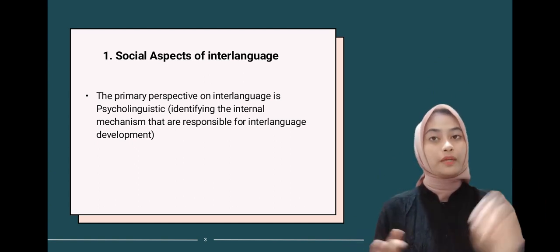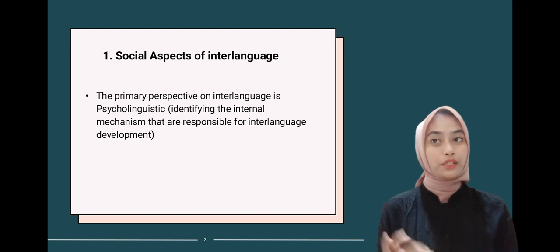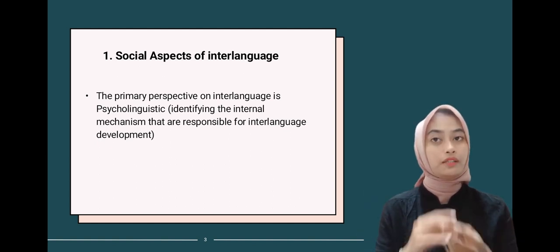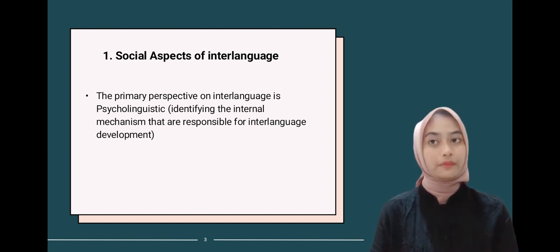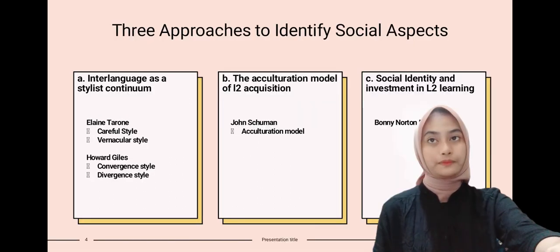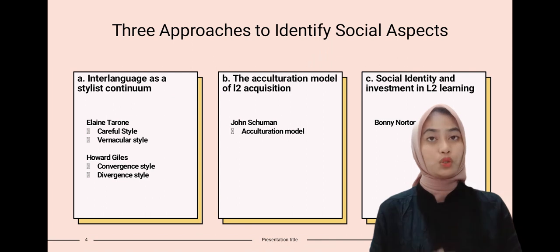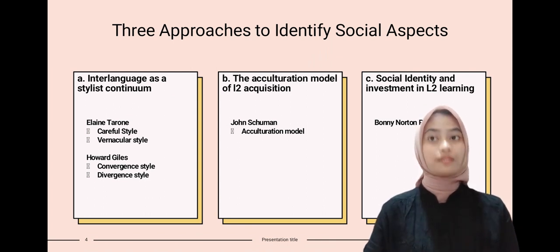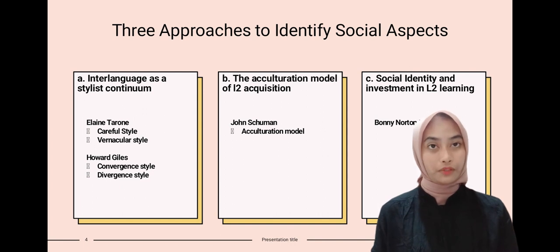The primary perspective on interlanguage is psycholinguistic, or identifying the internal mechanisms that are responsible for interlanguage development. There are three approaches to identify social aspects. The first is interlanguage as a stylistic continuum, the second is the acculturation model of second language acquisition, and the third is social identity and investment in second language learning.